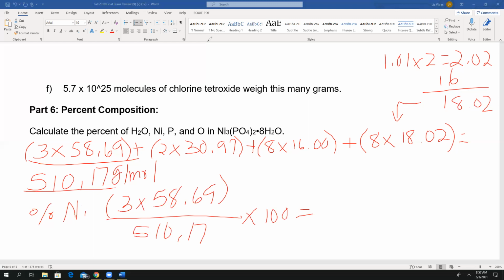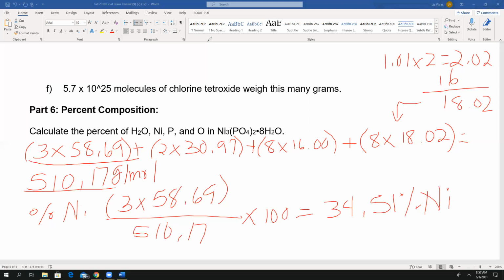So it's 3 times 58.69 divided by 510.17 times 100. That gives me 34.51% nickel. That's our first one, and it does have to keep going.